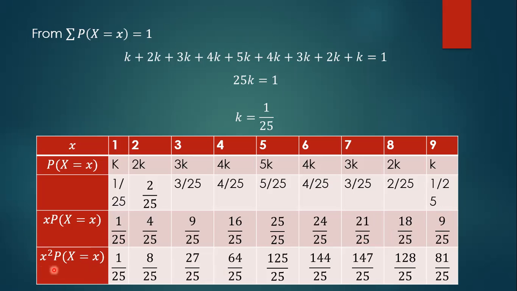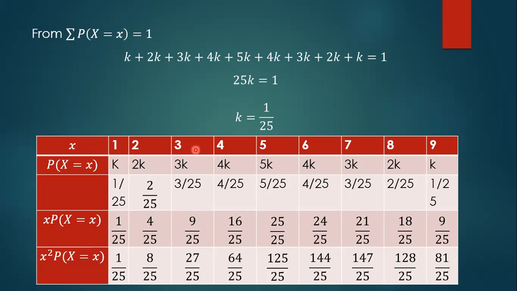So that is why here we create a row for x squared times probability values. So we get 1 squared times 1 over 25, and that would give us 1 over 25. Then 2 squared is 4 times 2 over 25, that is giving us 8 over 25.